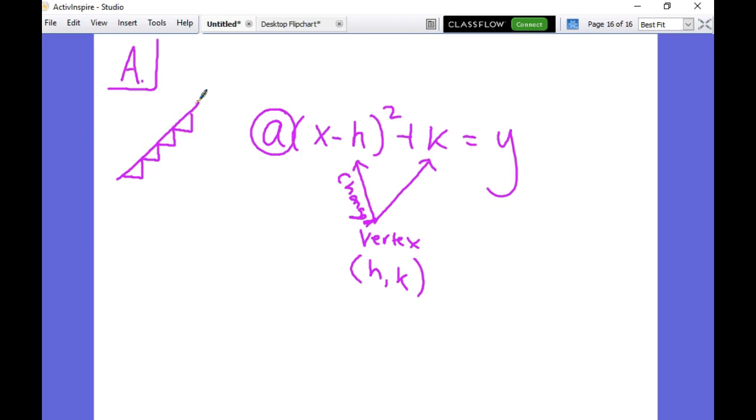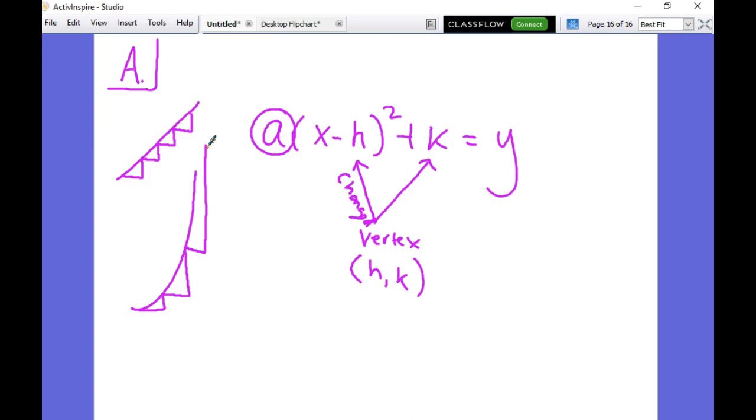But quadratic functions curve. And so here I go over this much, I go up that much. But the next time I go over that much, look at my rise. It changed a whole lot. Next time I go over that much, I can't even reach it now. So the slope is constantly changing on a quadratic function. So we can't really say that that's the slope.